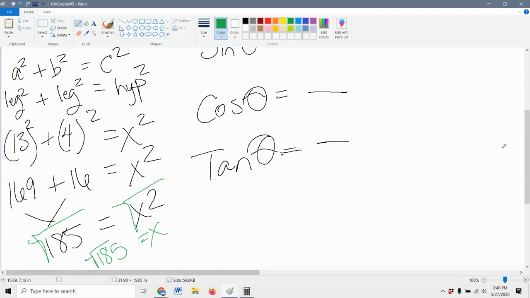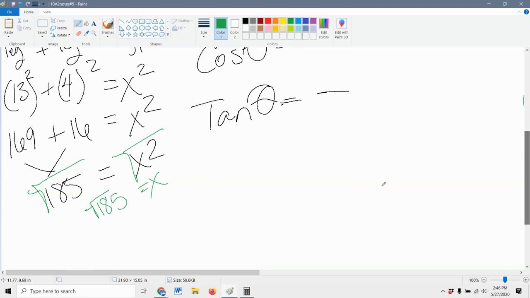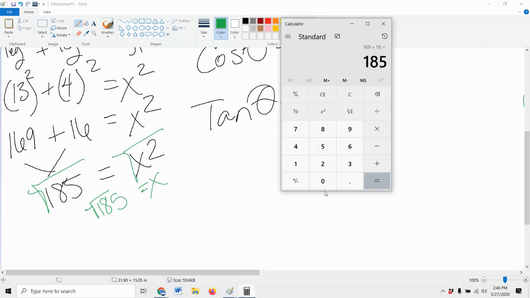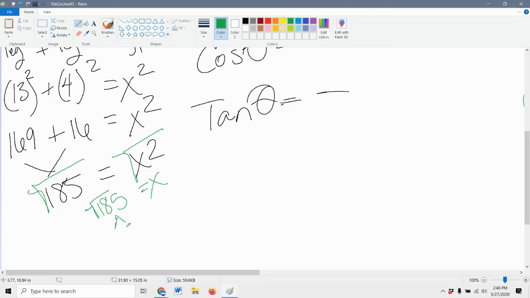Now, can we simplify this? Well, let's look at our calculator. The square root of 185 gives us a decimal. No decimals on these guys, but you can do what we have done before, and that is prime factoring on our root 185.